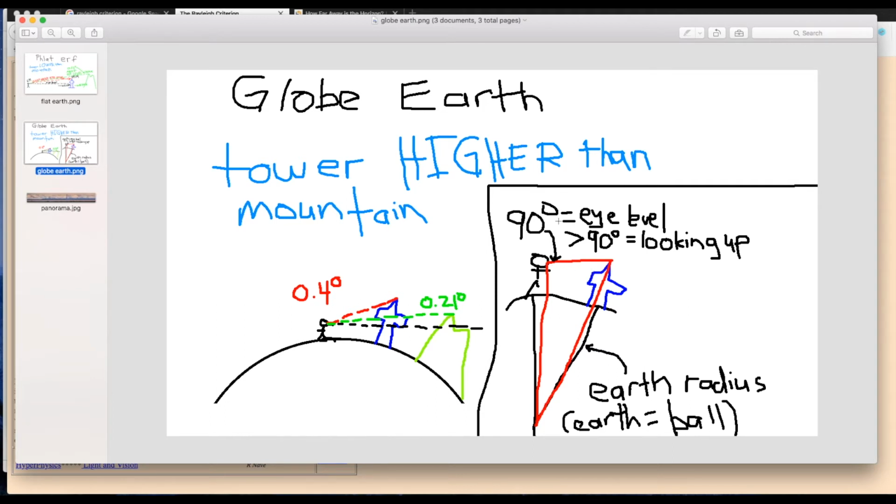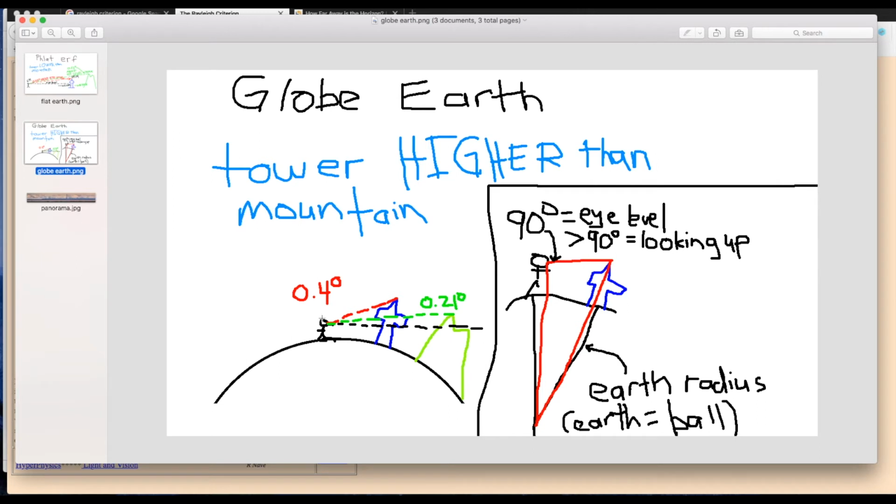An angle that is greater than 90 degrees means that you are looking up. Again, if you refer to the spreadsheet that I made earlier, you will see that the tower had an angle above my eye level of 0.4 degrees, and that the top of Dow Crag had an angle up above my horizontal eye level of 0.21 degrees.